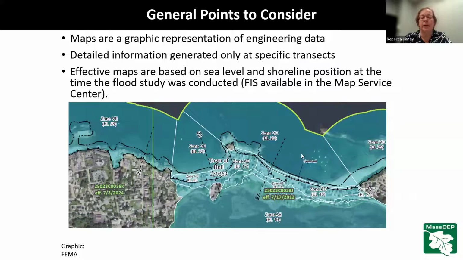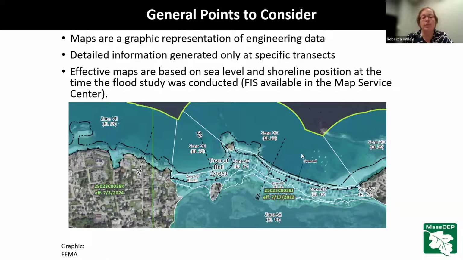So some of the things to think about when you're looking at FEMA flood maps is that these are graphical representations of engineering data. They have done calculations to predict the likely extent of the flood and the elevations of the flood in a 1% chance event, but the detailed analysis is only done at specific transects along the coast. So if you look at this particular area, there's a shore perpendicular dotted line there with a 25.